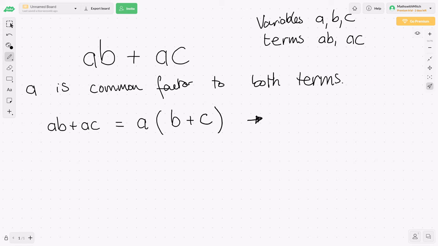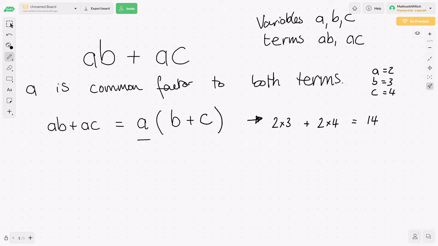If you were to say a is 2, b is 3, c equals 4, what we're saying here is AB is 2 times 3, and AC is 2 times 4. So that would be 6 plus 8, which is 14. If you did that in numbers, that would be 14.